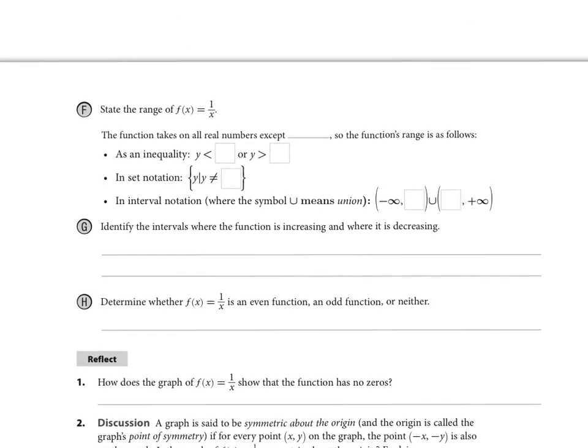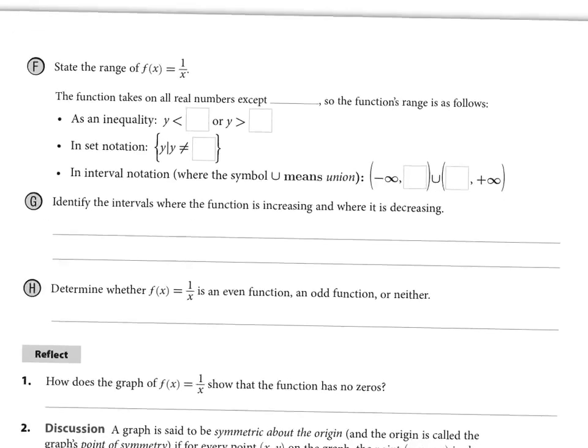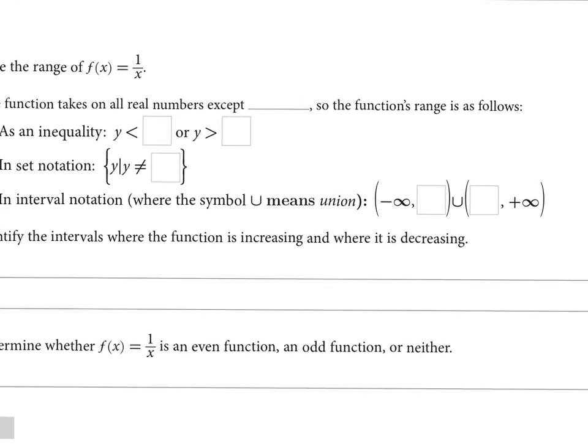Okay. It asks us to state the range. So the range, well, think about your y's. What can that function 1 over x, what could it never equal? 0. So it's all real numbers except 0. So we said that the range would be y's that are less than 0 or greater than 0.